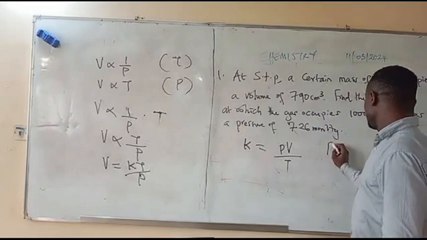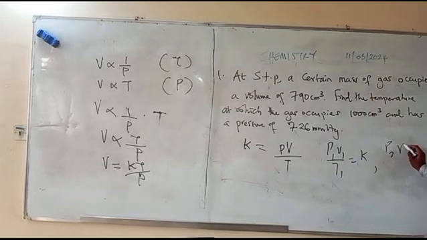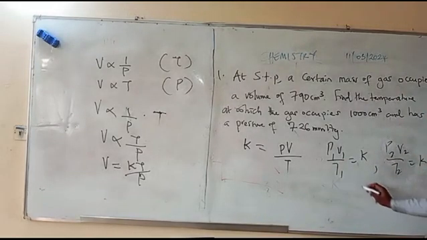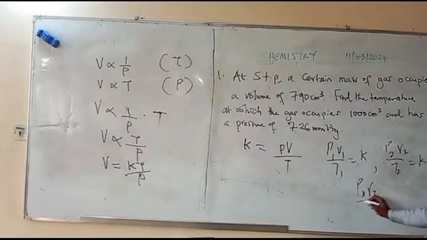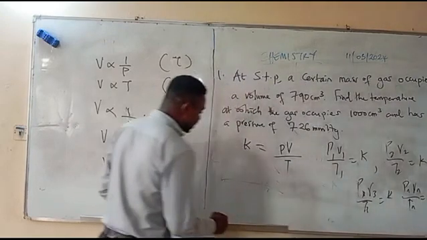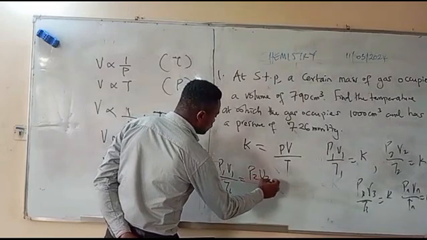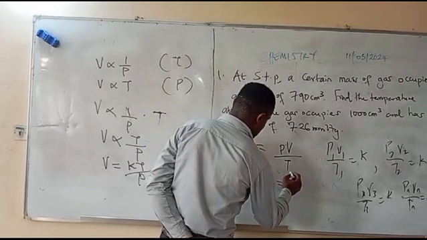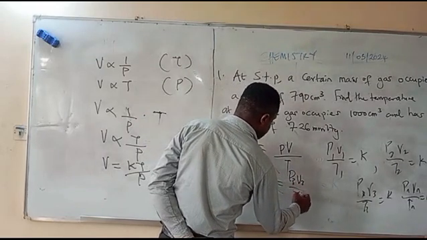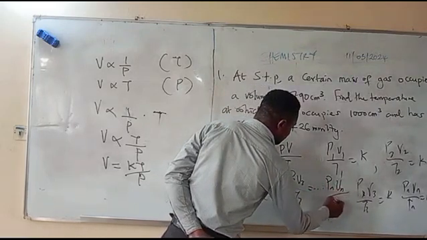So if all of them give K, it implies that P1V1 over T1 gives K, P2V2 over T2 gives K, P3V3 over T3 gives K, and PnVn over Tn will also give K. By implication, P1V1 over T1 is equal to P2V2 over T2, which is equal to P3V3 over T3, which is equal to PnVn over Tn.